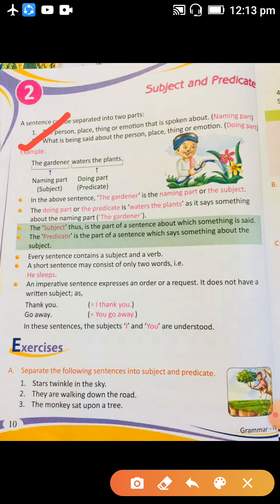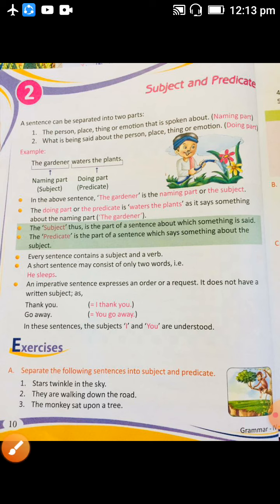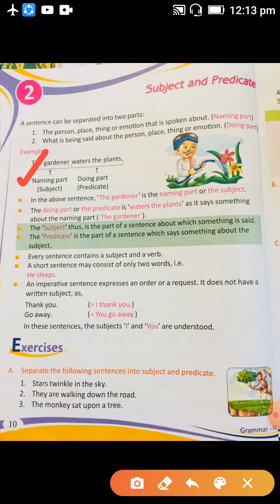Here you can see the first line of this chapter and the example. To understand this line, a very good example: the gardener waters the plant. It tells us the person we are talking about, and what the person is doing. So who is the person here?